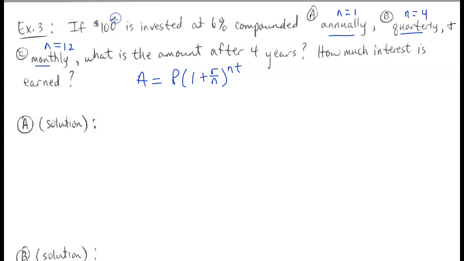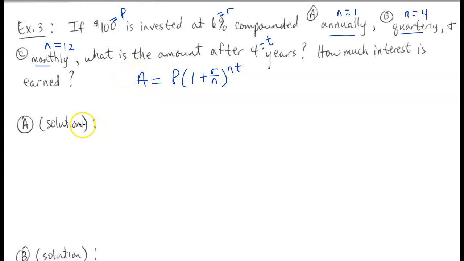We know that this 100 here is going to be P, this 6% is going to be R, and this 4 years here is going to be our T. Only thing that's different is making sure that we change the value of N. And of course, as the compounding periods increase, we should see that the accumulated amount that we're trying to solve for will go up slightly each time.